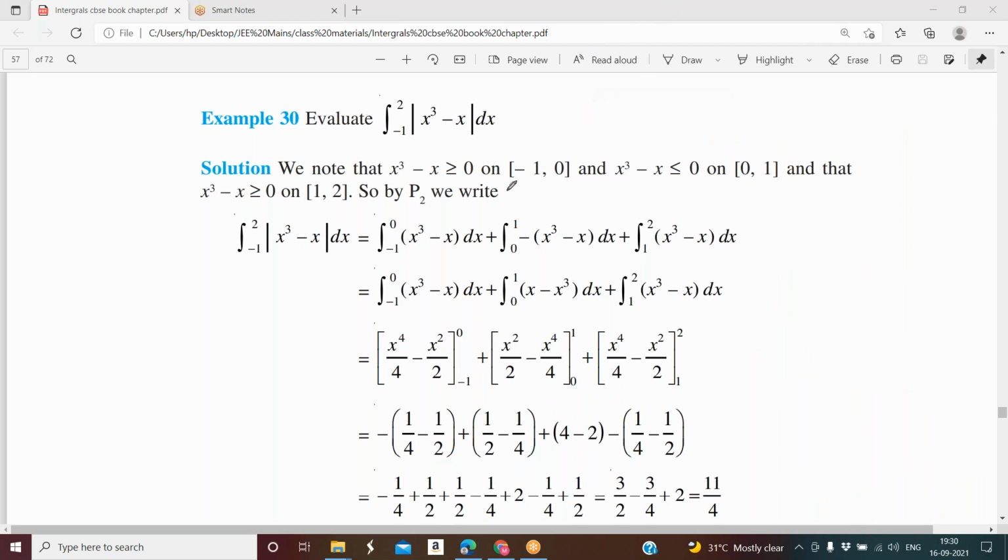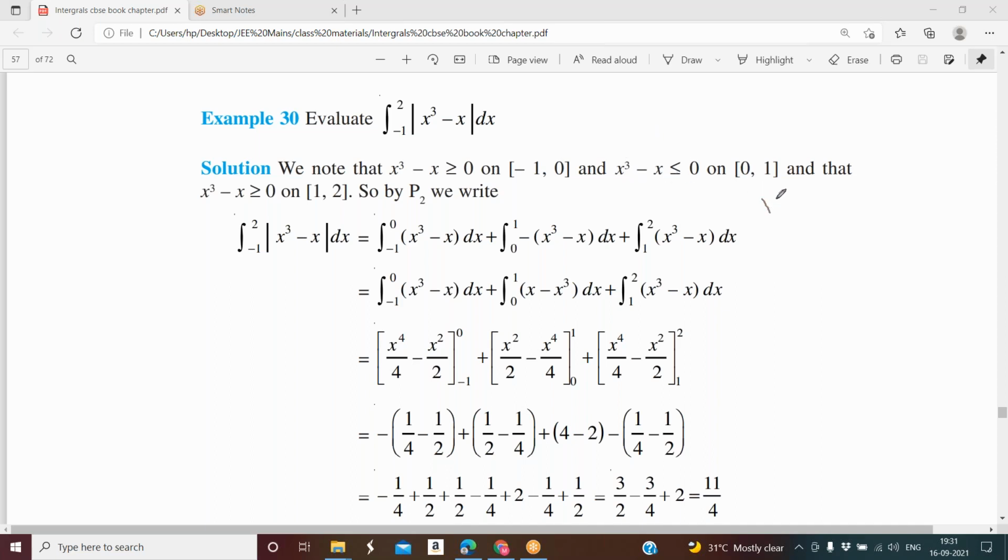Similarly, you can check the other ones. Here it is given that x cube minus x is less than or equal to 0 on the closed interval 0 comma 1. How to check this? Substitute x equal to 0: you get 0 minus 0, which is 0. Substitute 1: 1 minus 1 is 0.